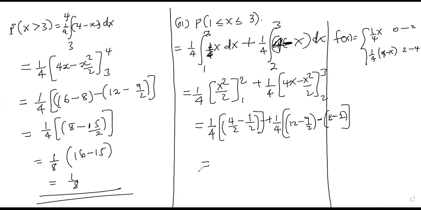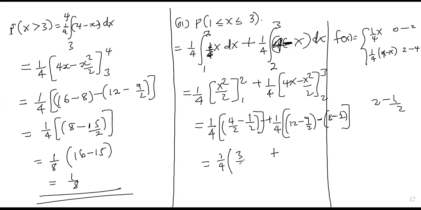So here we shall have a quarter 2 minus a half. If you have 2 minus a half, have 4, that is 3 over 2, right?